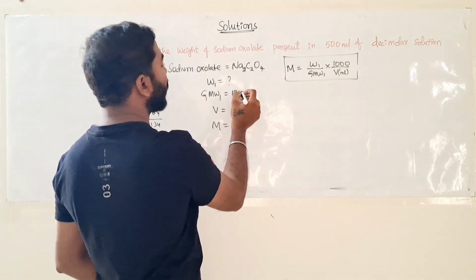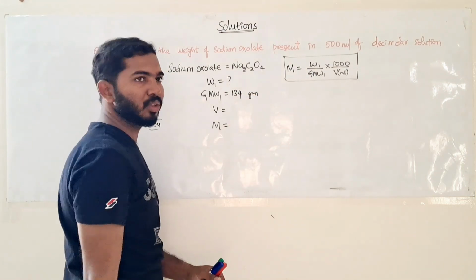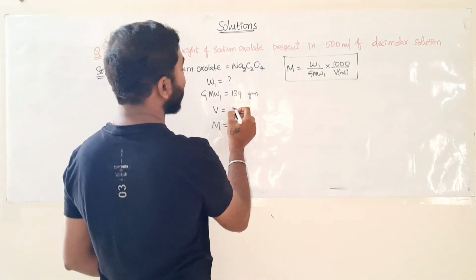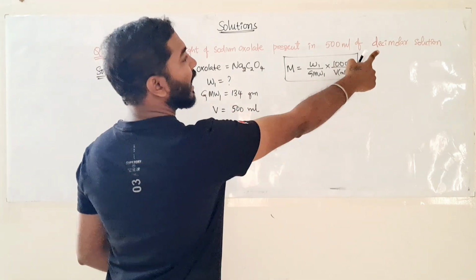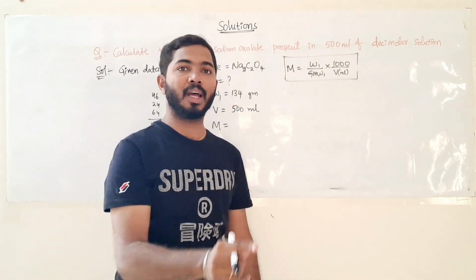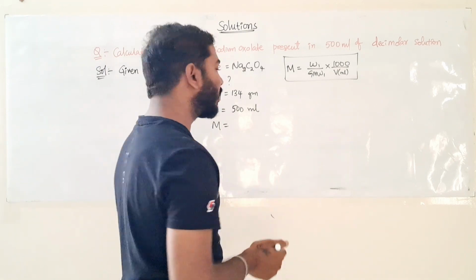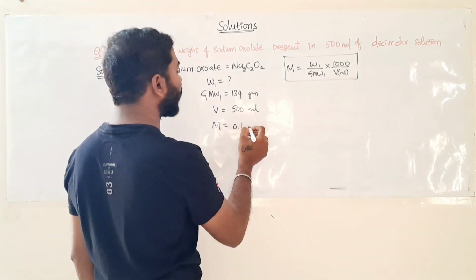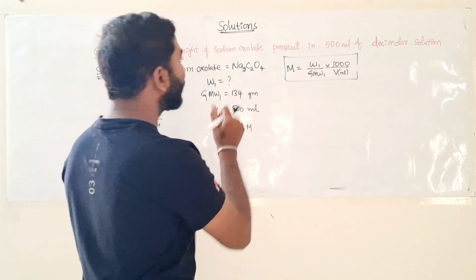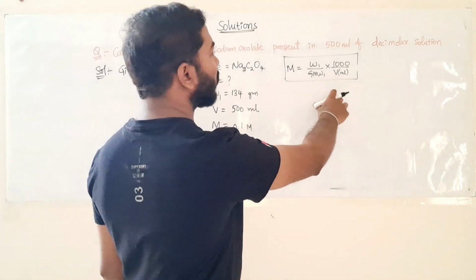Yes, the gram molecular weight of sodium oxalate is 134, and the volume they have given is 500 ml. And they have mentioned decimolar. As I told you already, the meaning of deci is 0.1 molar. Yes, this is the given data, and now we can use the same formula here.